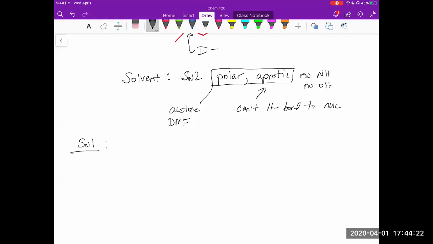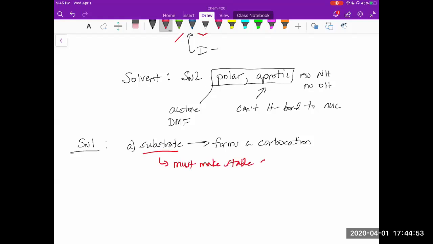So with SN1, in terms of the substrate, the substrate in an SN1 reaction, in the rate determining step, forms a carbocation. And so the key thing about the substrate is it must make a stable carbocation, or that's not going to happen.